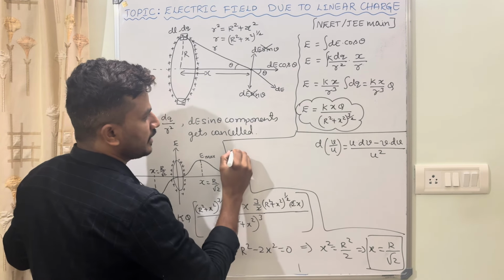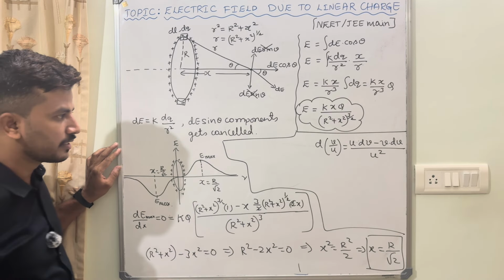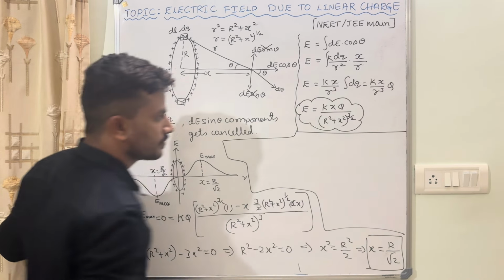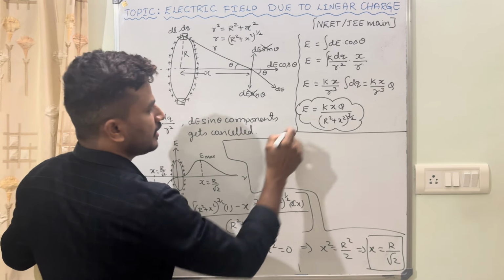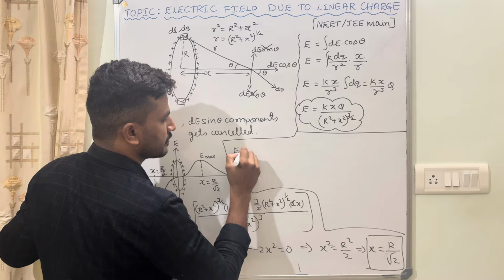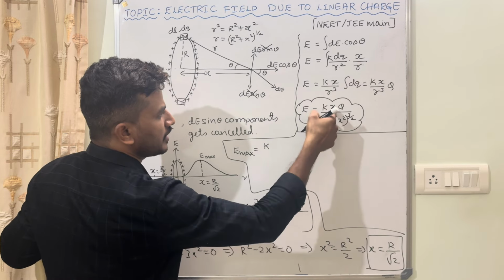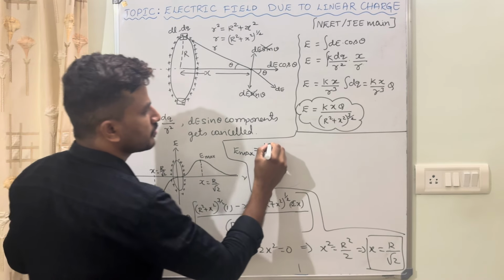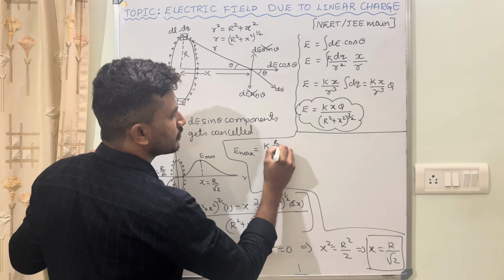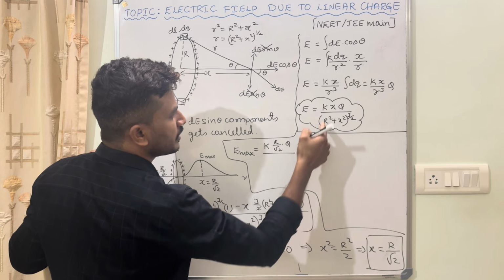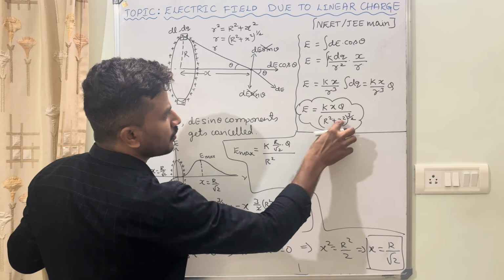So let us take E max. Just erase this. What is the value of E max? K, and what is the x value? R by root 2, into q divided by (r square plus x square) power 3 by 2. What is the x value?